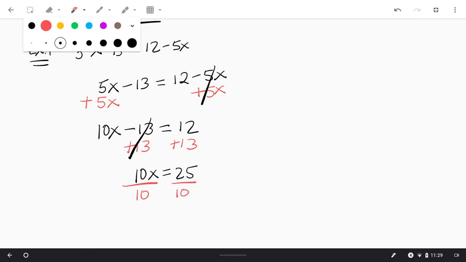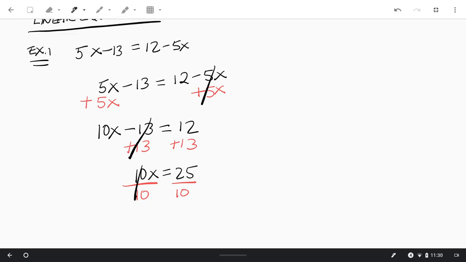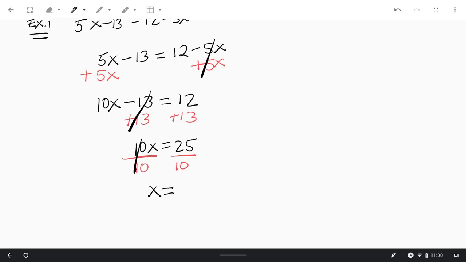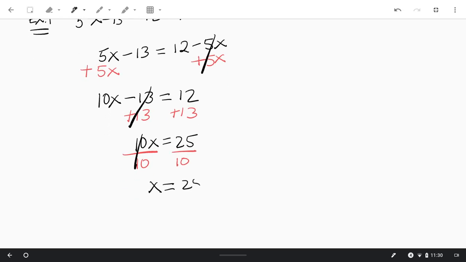And that will cancel out the 10 here on the left, leaving me with 1x, because 10 divided by 10 is 1. 1x is equal to 25 over 10, which are both divisible by 5, so I can reduce this to 5 over 2. All right, so that's solving a linear equation.